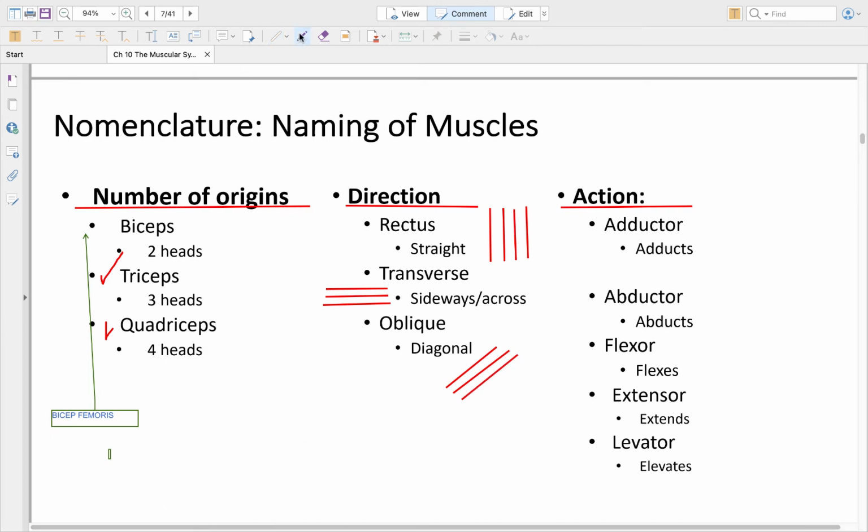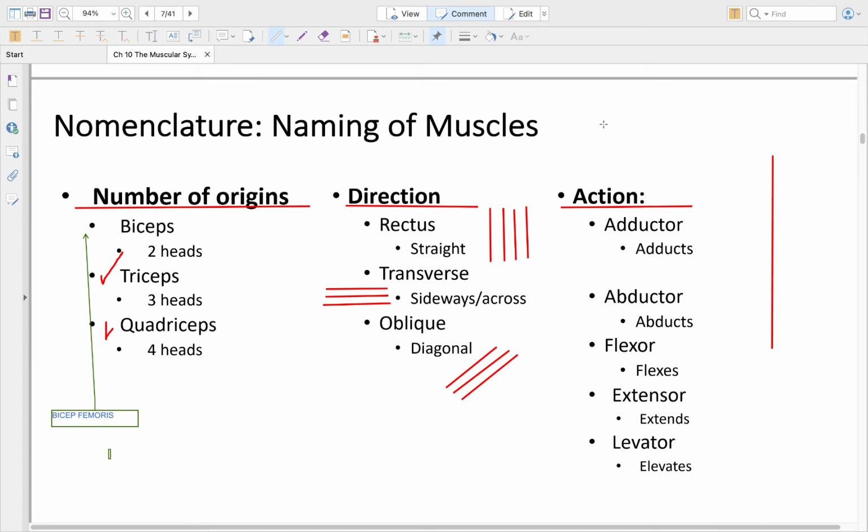Now, an adductor. Now I'm going to draw a midline, and you should draw this as well.